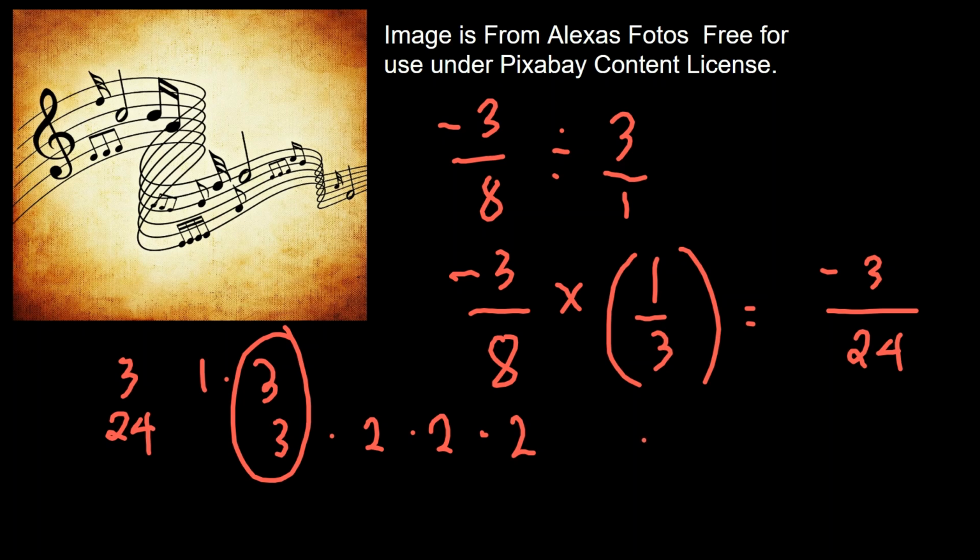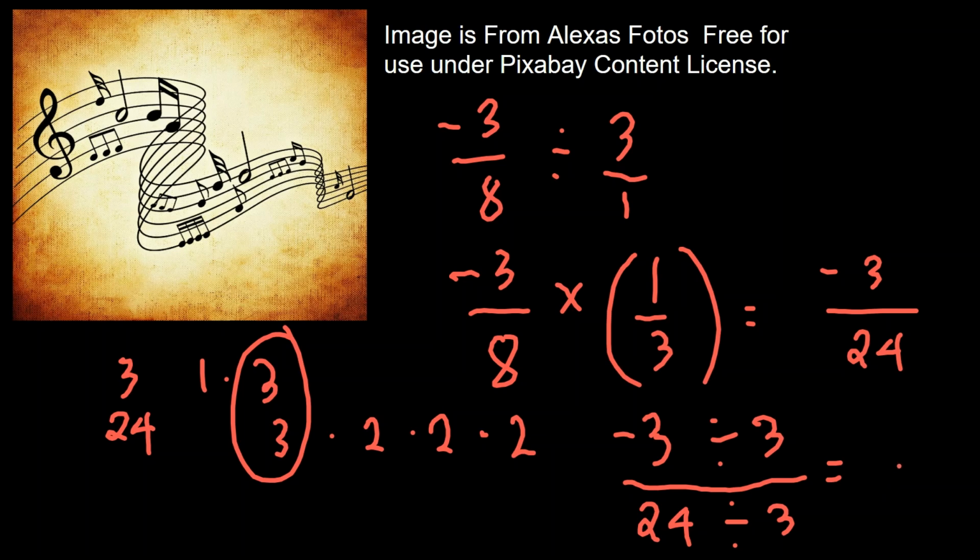So I can now divide both the numerator, negative 3, by 3, and the denominator, 24, by 3. Since 3 is the greatest common factor, negative 3 divided by 3 is negative 1 over, what is 24 divided by 3?